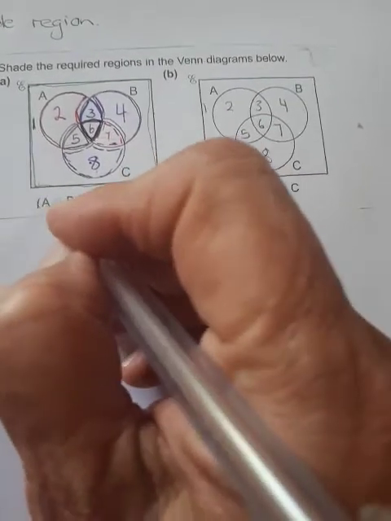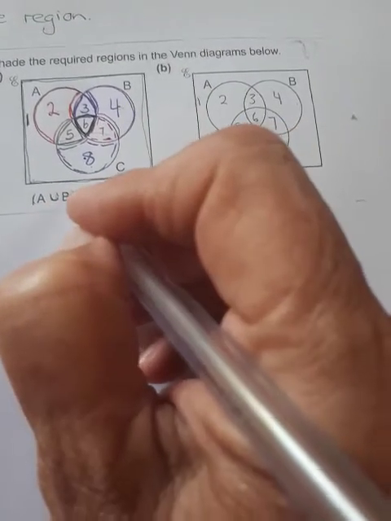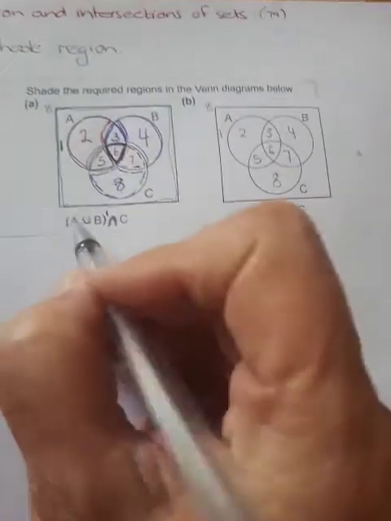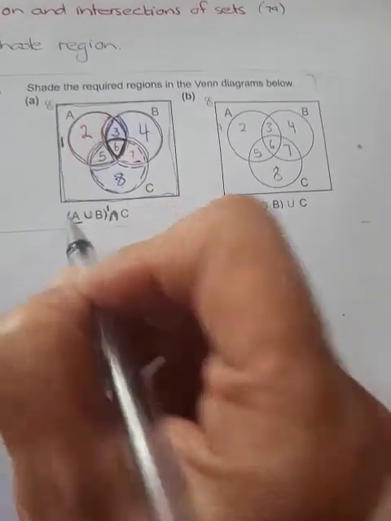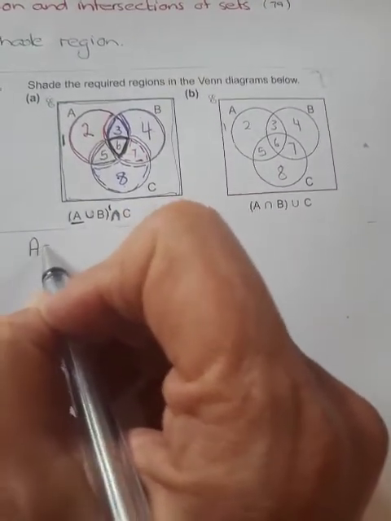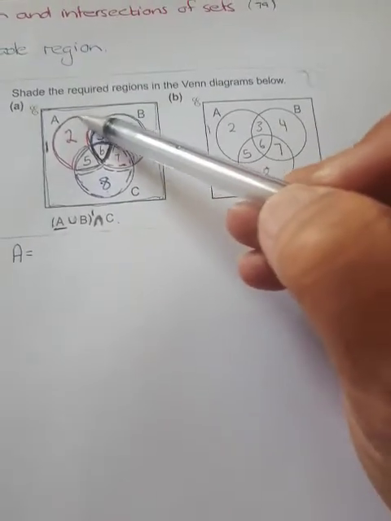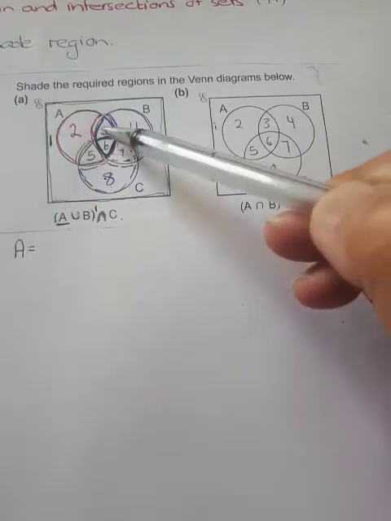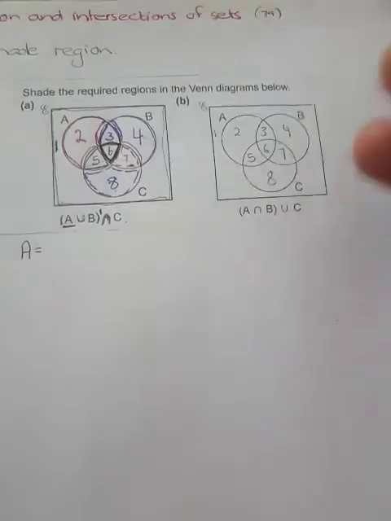What is asked is (A union B) complement, intersection C. So start with your first set, set A. A is this complete circle, so A is 2, 3, 5 and 6.